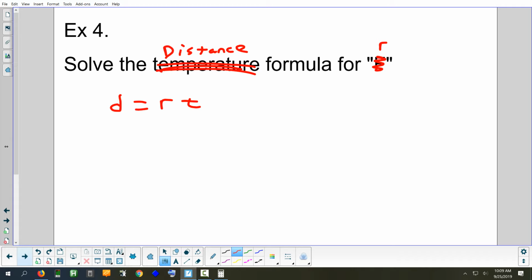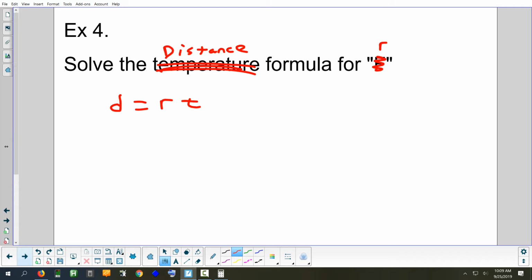So when we are done, is my answer going to be a number? No. It might have a number in it, but it's not going to be just a number. Which letter do they want me to get by itself? R. What if they wanted me to get D by itself? I'd be done, because D is by itself.